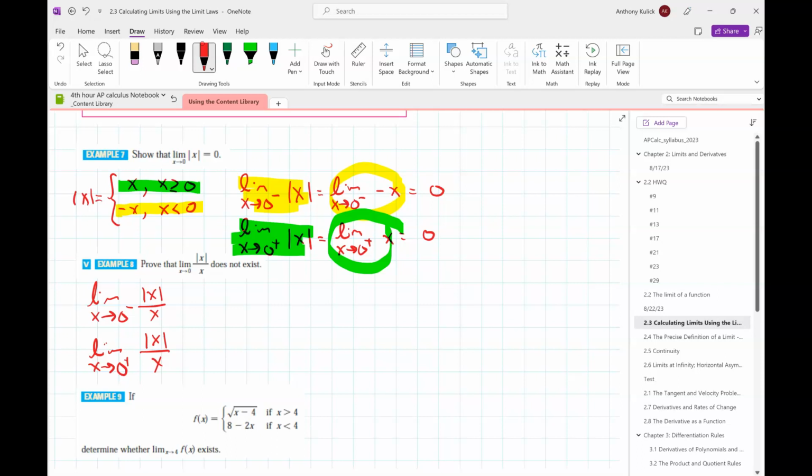Everybody's okay? I'm going to again use the definition from above. Since I'm approaching 0 from the left, I know my x's are negative. And here, since I'm approaching 0 from the right, I know my x's are positive, so I can make the appropriate substitutions with my piecewise definition of the absolute value function.